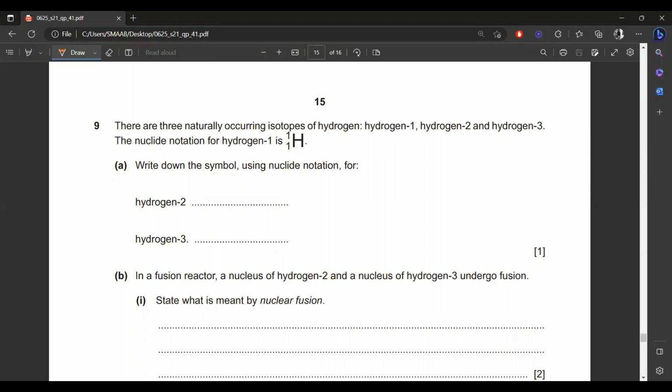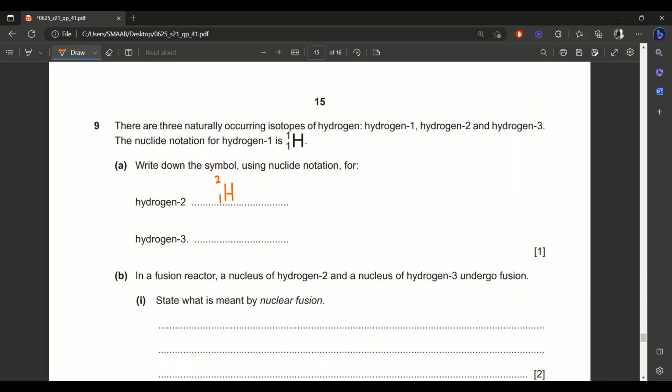So we know that according to the definition of isotopes, the number of protons will remain the same, that is the proton number or the atomic number will remain the same, but the number of nucleons or the atomic mass will change. So according to that condition, the notation for hydrogen 2 will be written with the proton number remaining the same, but the number of nucleons changing to 2.